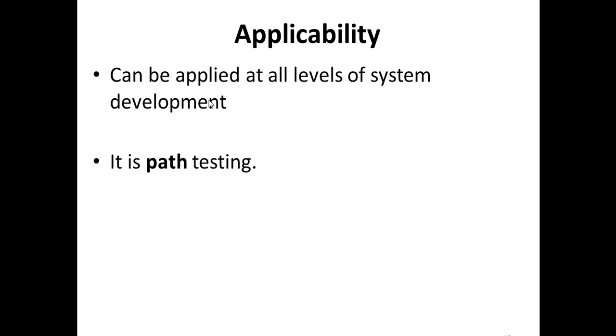So it can be applied throughout the life cycle of the software, from a small module or unit, to the integration of the software, to the entire system. From unit testing to integration testing, and from integration testing to system level testing, at all levels this testing can be carried out.